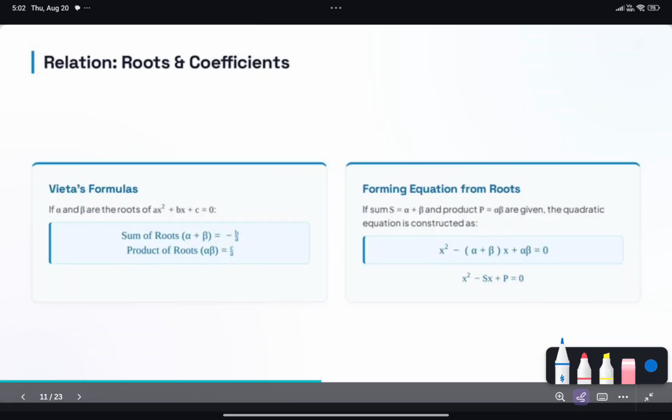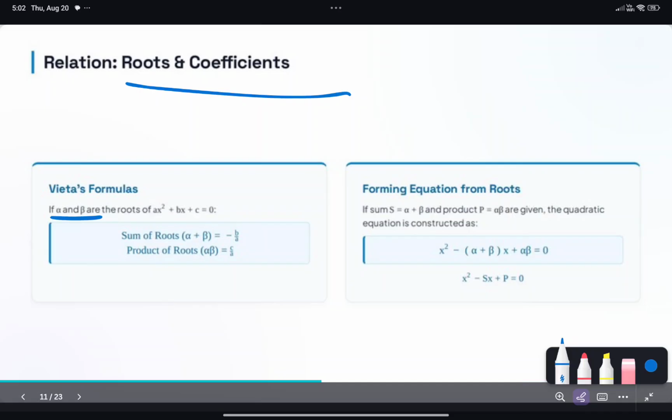Roots and coefficients. If alpha and beta are the roots of ax square plus bx plus c equal to 0, we don't know the exact values of alpha and beta.